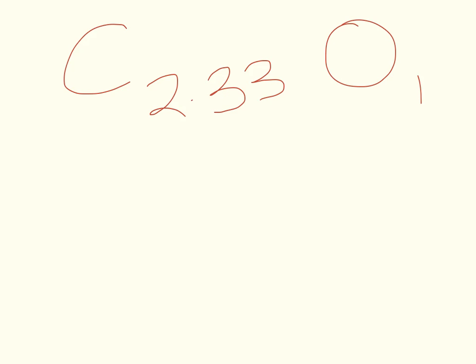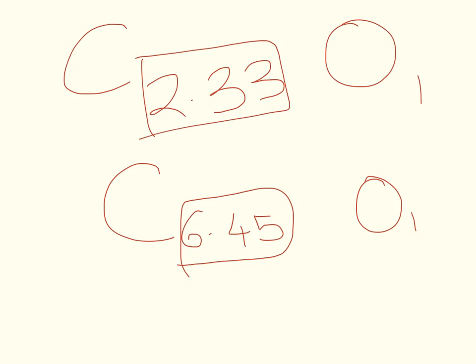If that is not the case, if you get carbon 2.33 and oxygen 1, or carbon 6.45 and oxygen 1, or some number which is not within 0.1, then what you do is you multiply all the mole ratios with a common number, so it leads to a whole number.